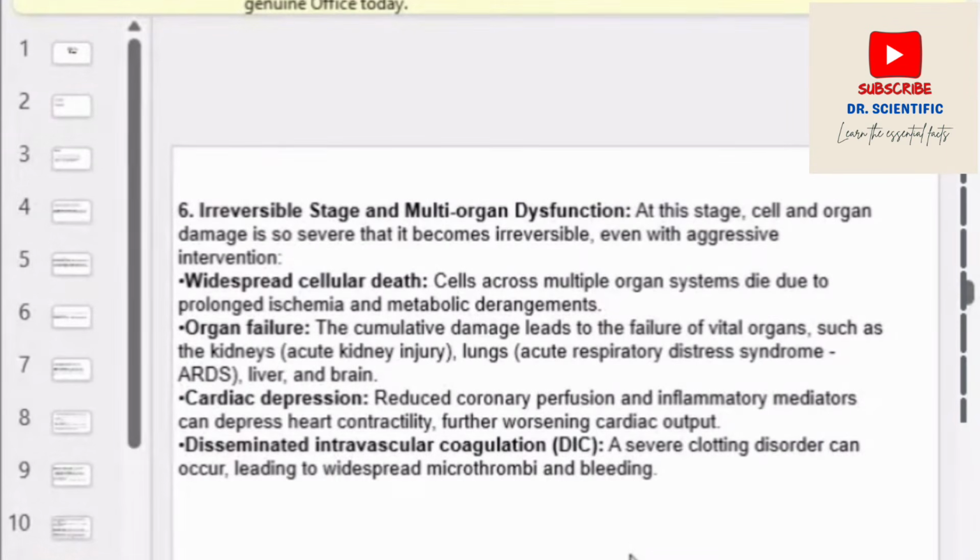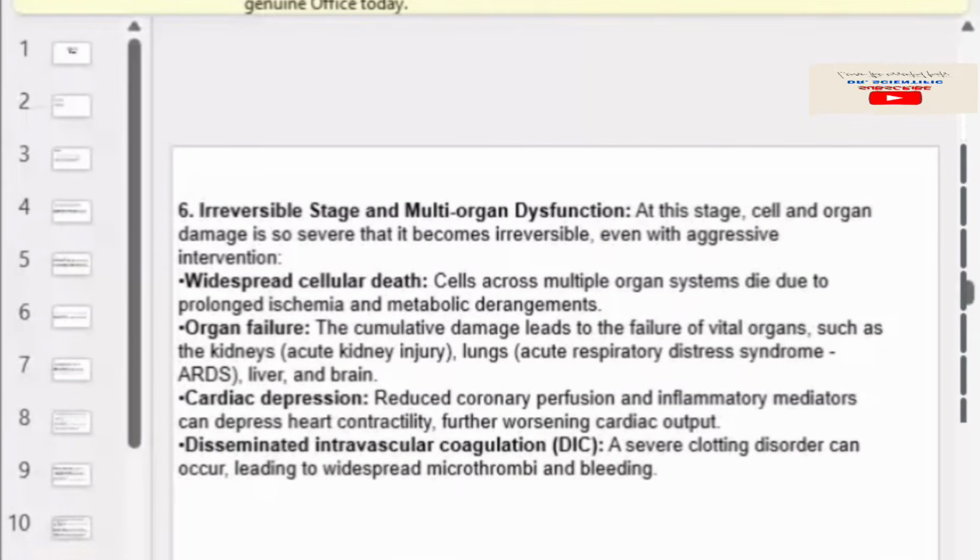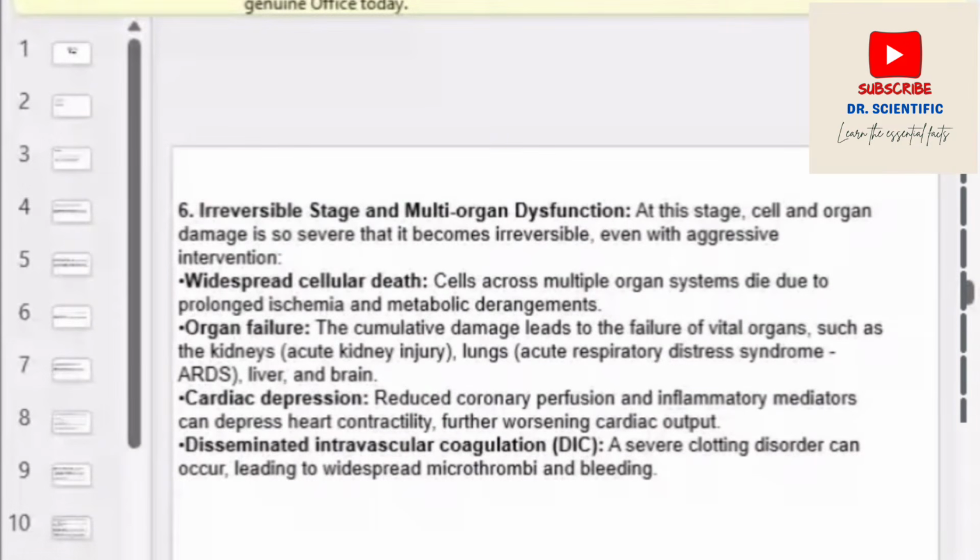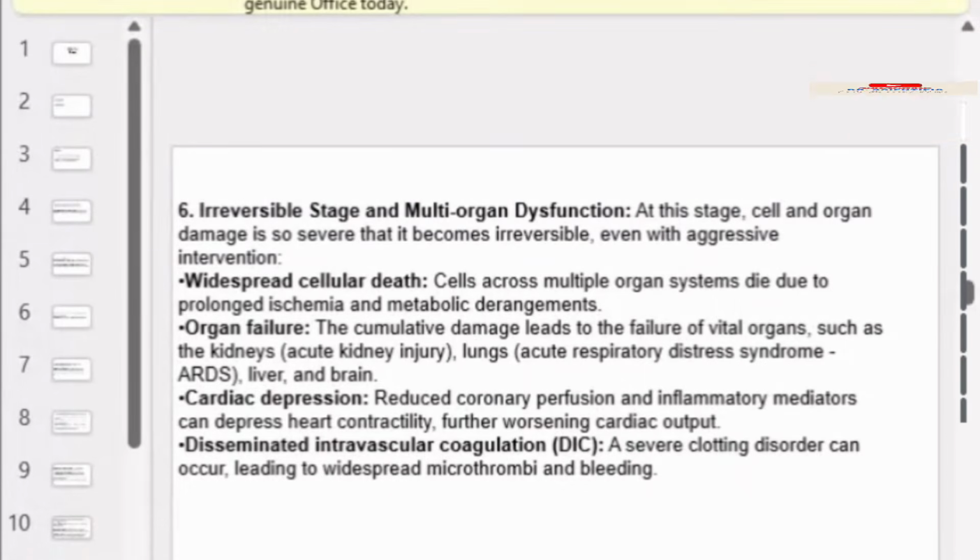be effective. Cardiac depression simply means that there's reduced coronary perfusion and the inflammatory mediators have depressed the heart contractility and worsened the cardiac output of blood. Disseminated intravascular coagulation, simply DIC, is a severe clotting disorder and it can occur leading to widespread microthrombi and bleeding throughout the body.